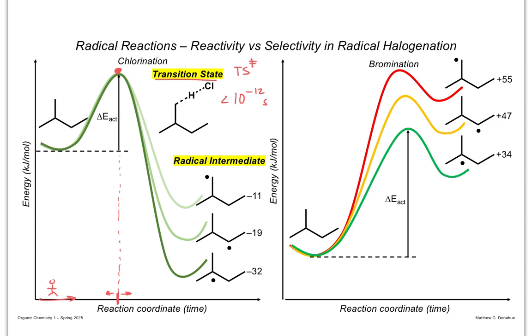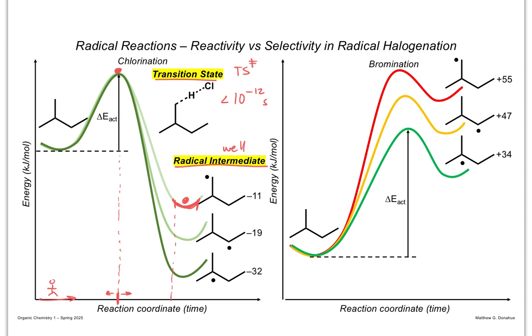When you get to a reactive intermediate, so I'll call intermediates exist in wells. What I mean by that, if you look at this curve here, that's a well. Within the well, if the ball is in there, it can roll back and forth in that well.